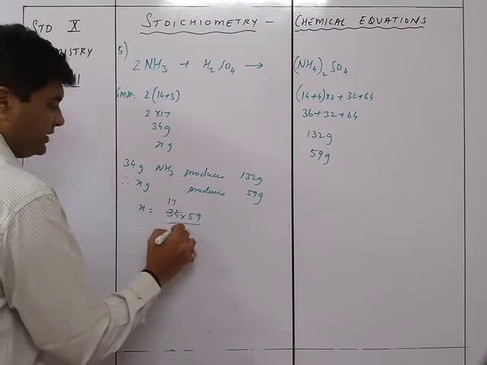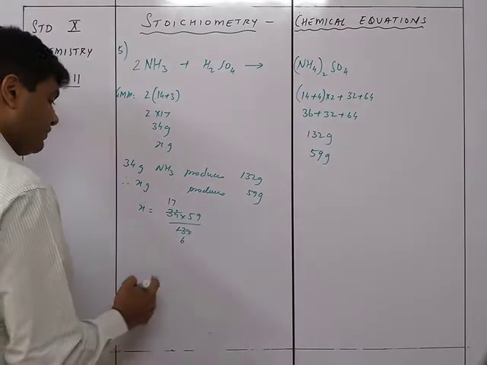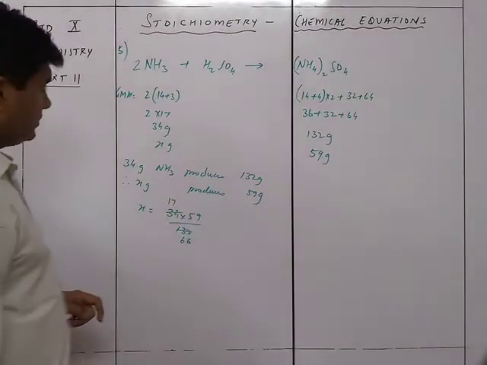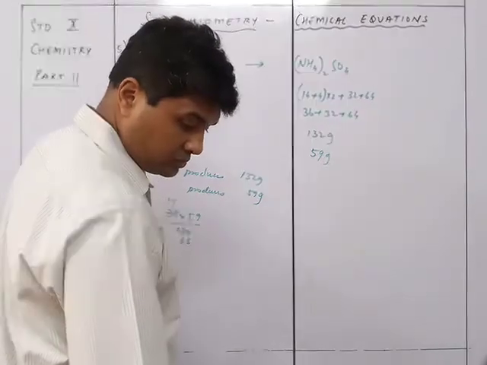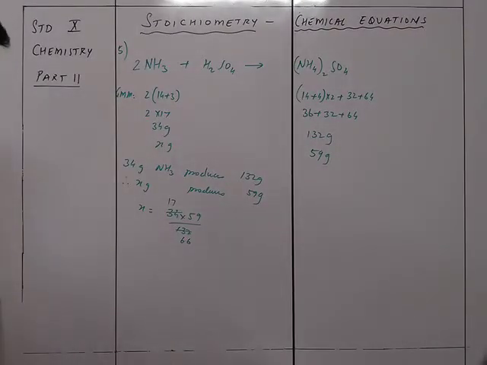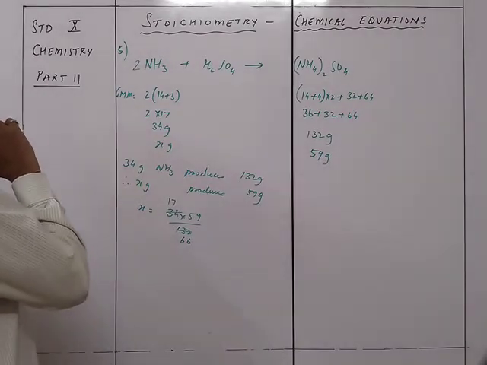This gives you 17 into 59 upon 66. It will be a slightly weird answer, but let it be; we'll keep it as it is.